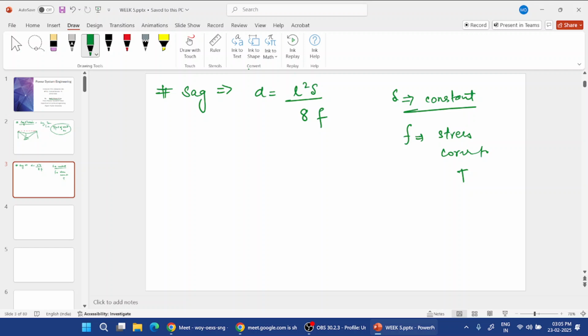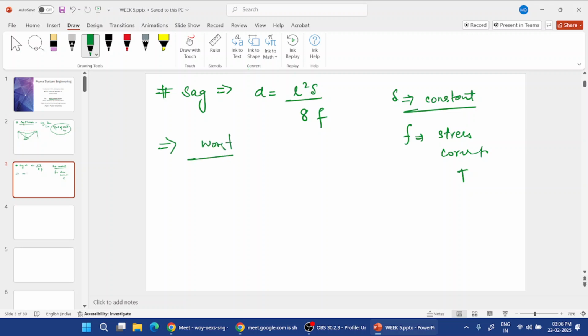This is the formula to calculate the sag.